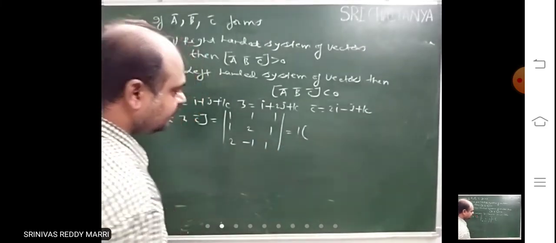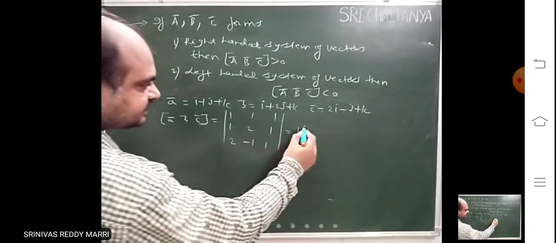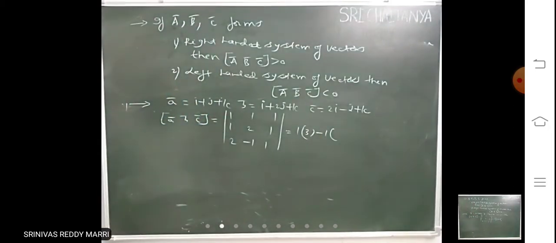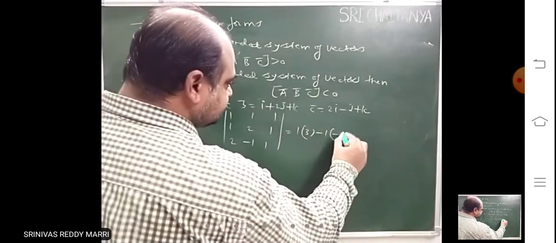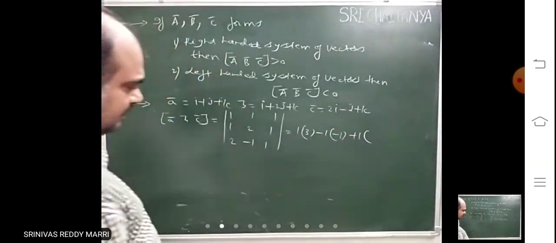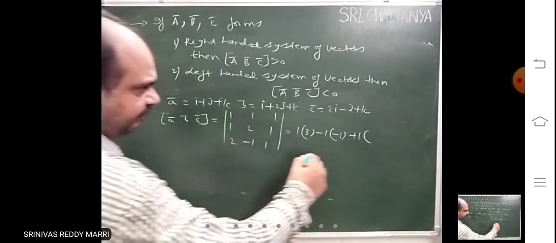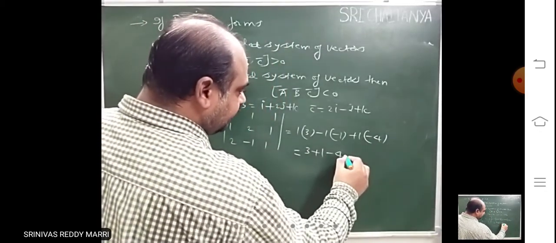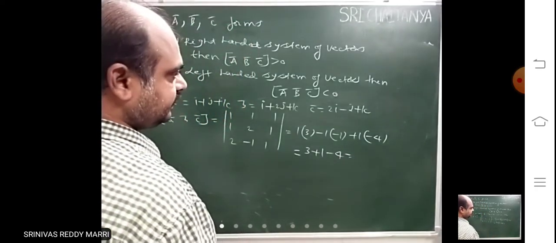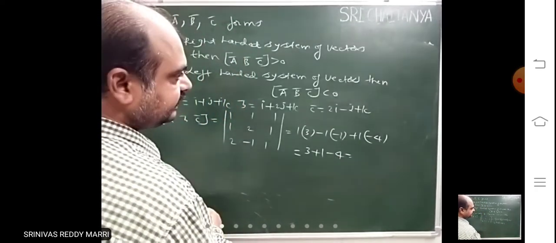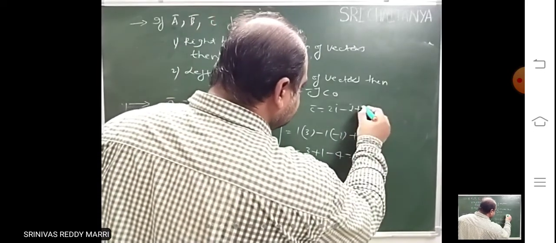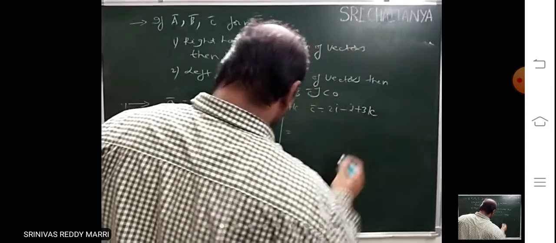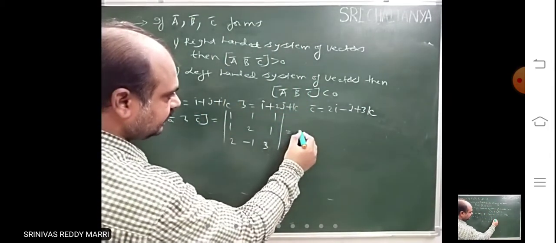That means you get 1 into 2 plus 1, 3, so minus 1 into 1 minus 2, minus 1, plus 1 into minus 1 minus 4. That means you get 3 plus 1 minus 4. Wait, 0 you are getting. Here take care, 3k, calculate.